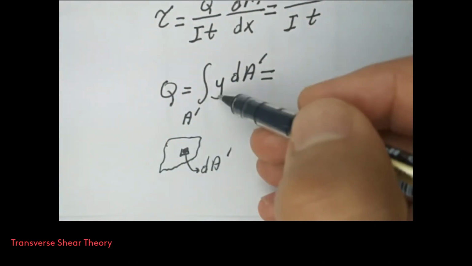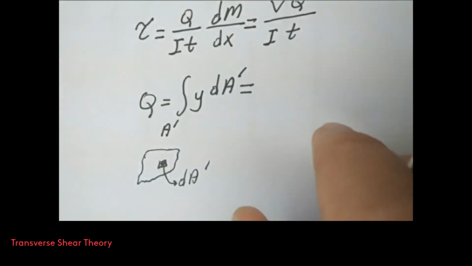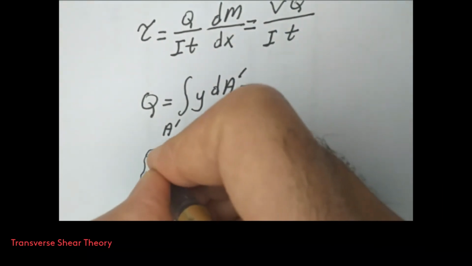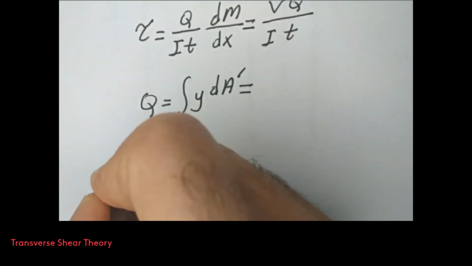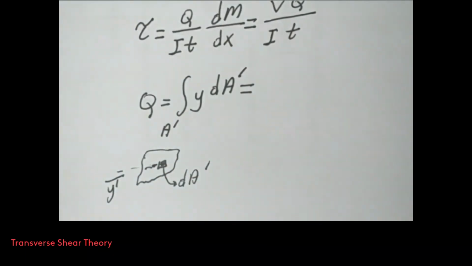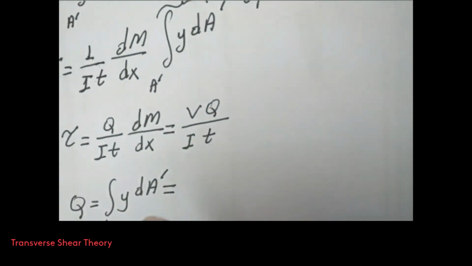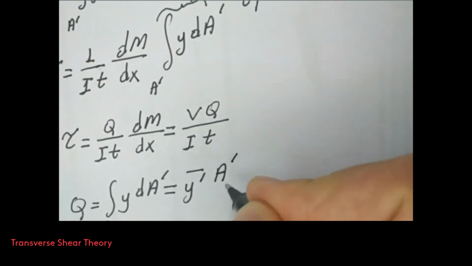and therefore we can easily say that the first moment of the area is equal to the moment of the total area, located at the centroid of that area. We call this centroid y prime bar, and as a result this is equal to y prime bar multiplied by A prime. So the area multiplied by the distance of the centroid to the neutral axis.